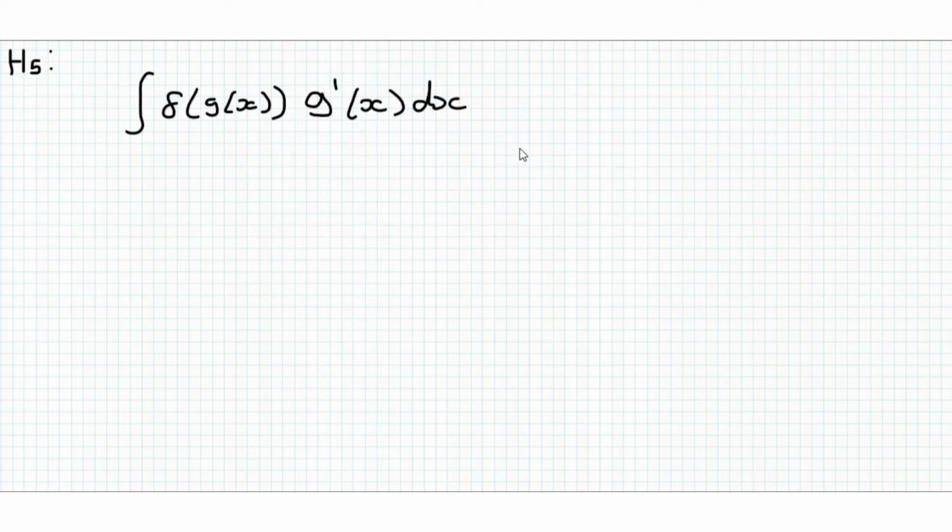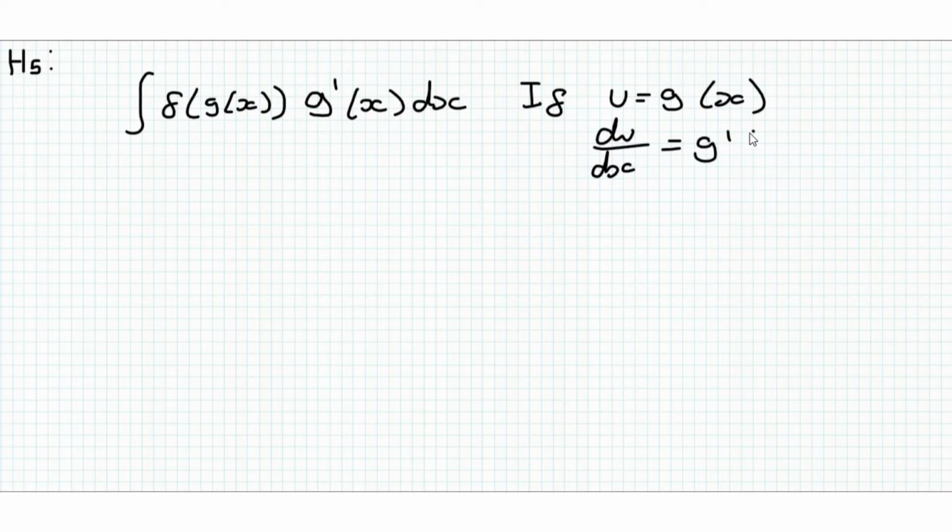It's a little bit tougher as you have to guess the function, but essentially, if you have u equal to g of x, then du by dx is equal to g dash of x. So then dx is equal to du over g dash of x.